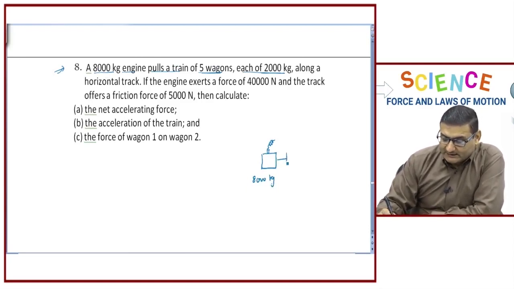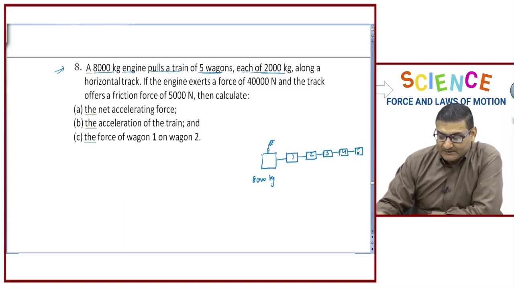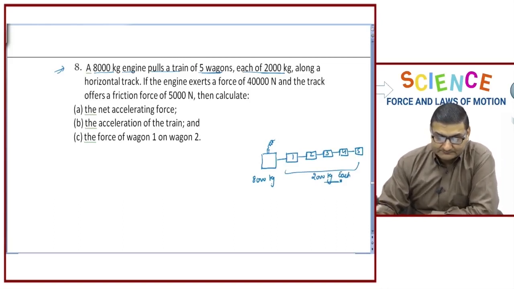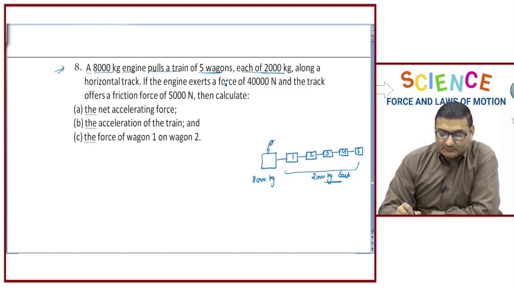Let it be the first wagon, the second wagon, the third wagon, the fourth wagon and the fifth wagon. Let us mark it up. The mass of each of them is 2,000 kilograms. Got it? Fine.